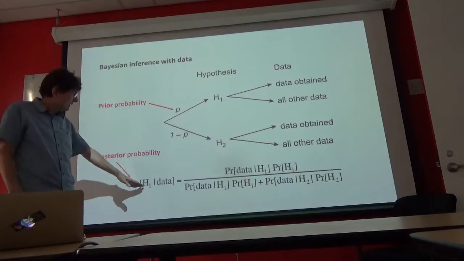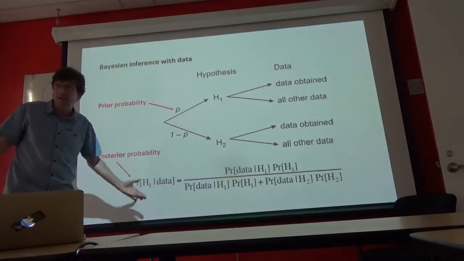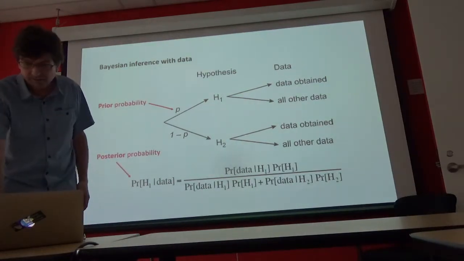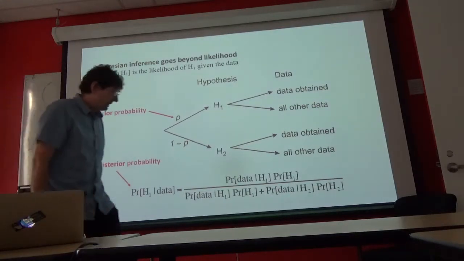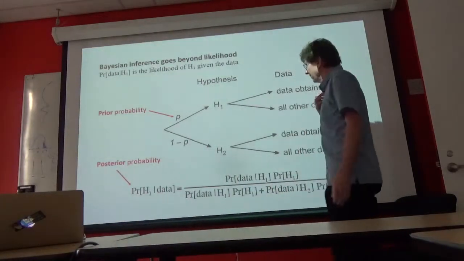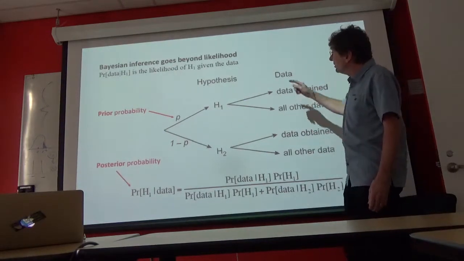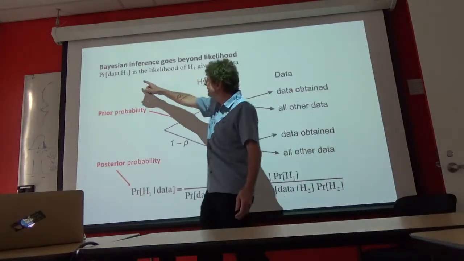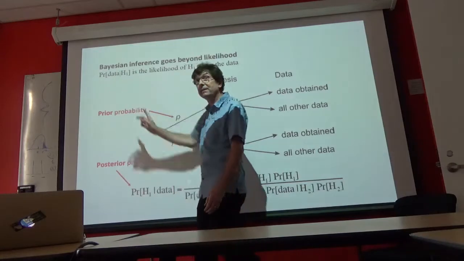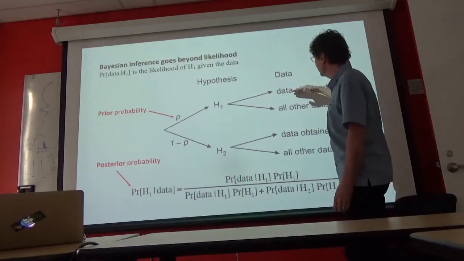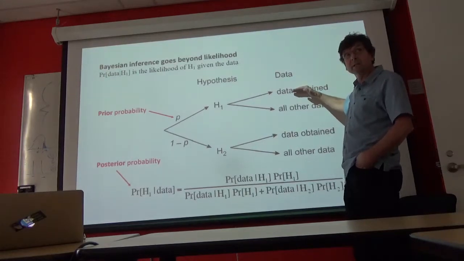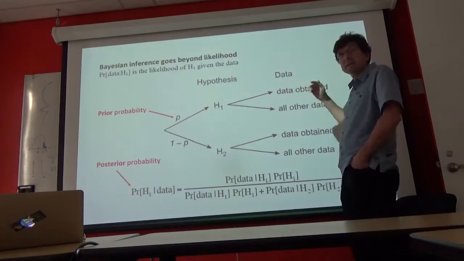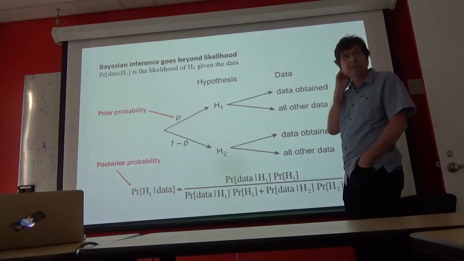So what we want is, what's the probability that, say, the null hypothesis is true? That's the way we want to formulate it. This is again the formula for Bayes' theorem, and I just wanted to remind you that the probability of the data given the hypothesis is the likelihood. So there's a close connection between likelihood and Bayesian probabilities.